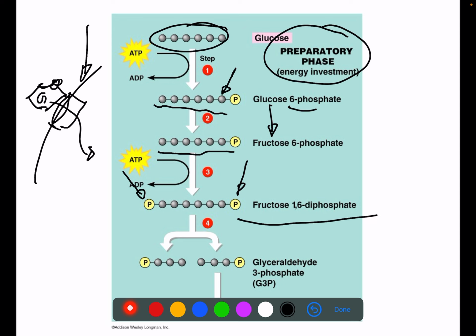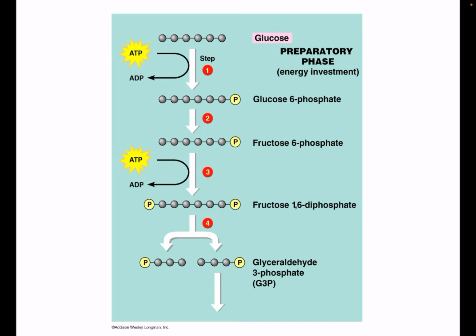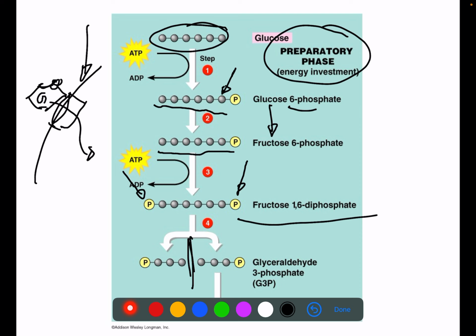Fructose 1,6-diphosphate, 2 phosphates on there now. And then comes the step that gives glycolysis its name, right? Where you split that 6-carbon sugar in half, 3 carbons that way, 3 carbons this way. That's your glycolysis. Glycolysis, sugar breakdown.